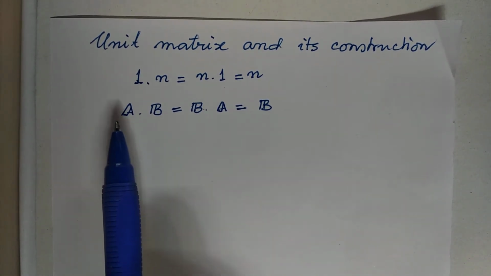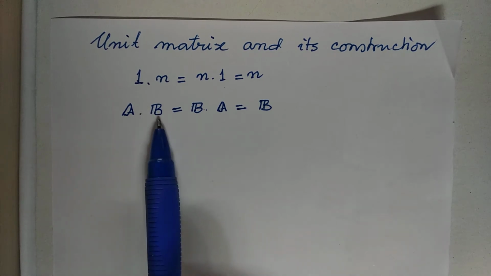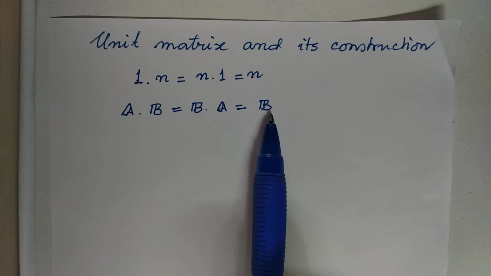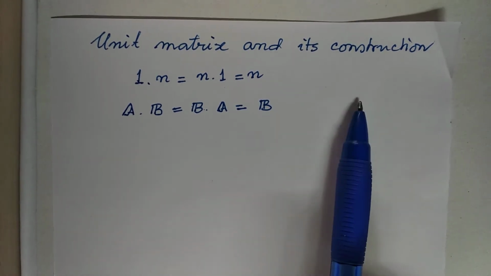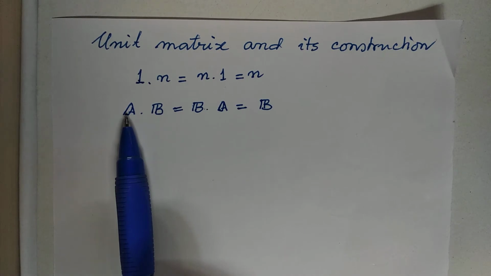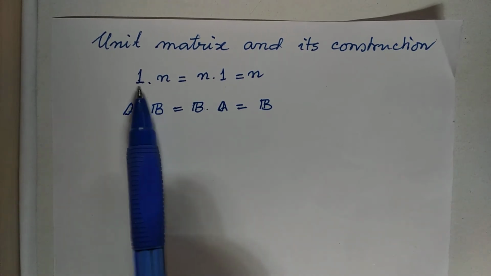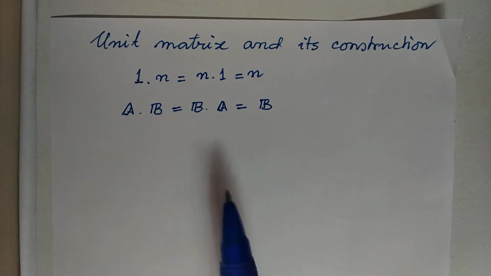We want matrix A multiplied by matrix B to be equal to BA equal to B, where B is any arbitrary matrix and A is a matrix which plays the role of 1 in this number system.